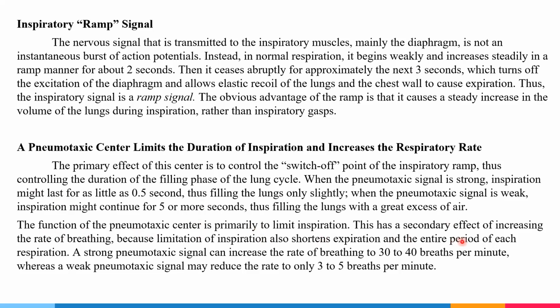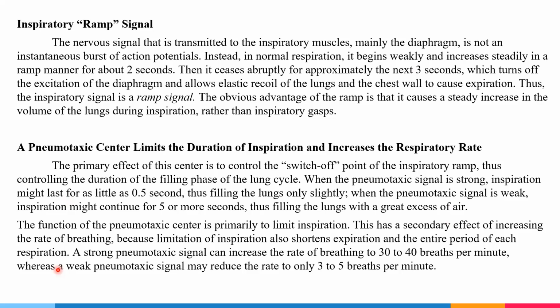This has, however, a secondary effect, which is the increasing of the rate of breathing, because limitation of inspiration also shortens expiration and the entire period of respiration. Thus, as the time period of inspiration decreases with increasing pneumotaxic center signals, this will cause the overall cycle of respiration to be shorter.